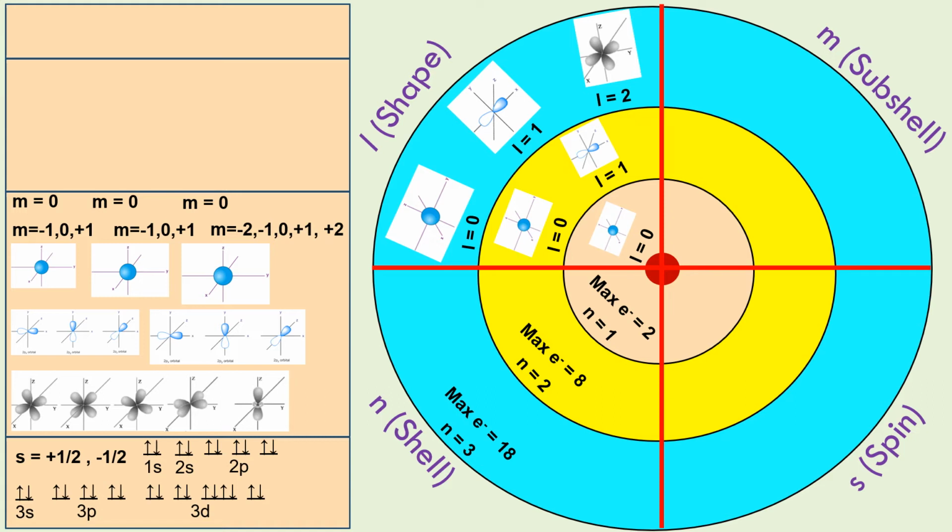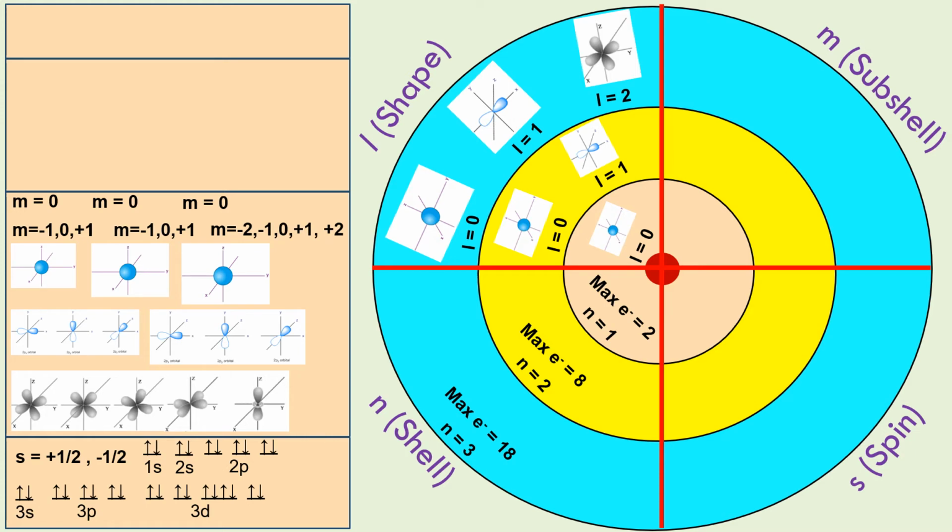Now, students must notice that the size of orbitals gets bigger with increasing energy level. Please look at orbital s with the sphere shape. Orbital s at the first energy level has the smallest size compared to the sphere orbital at the third energy level.